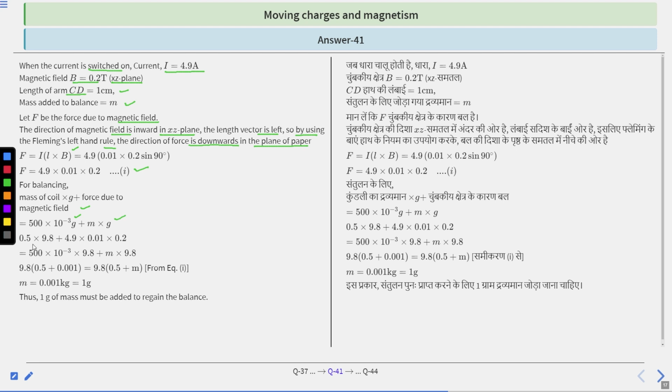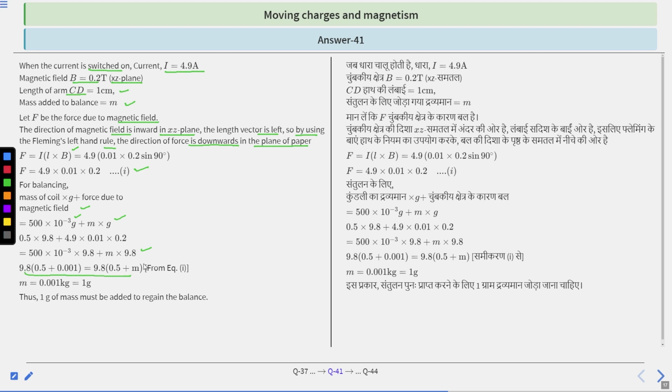So putting all given terms, 0.5 into 9.8 plus 4.9 into 0.01 into 0.2 is equal to 500 into 10 raised to the power minus 3 into 9.8 plus m multiplied by 9.8. Solving this, you get this expression.